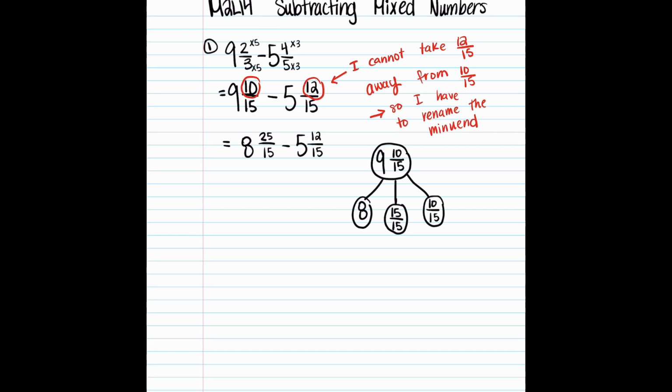Okay. Now I can do my whole number minus my whole number. So 8 minus 5 to get 3. Then I can do 25 fifteenths minus 12 fifteenths to get 13. That is 13 fifteenths.